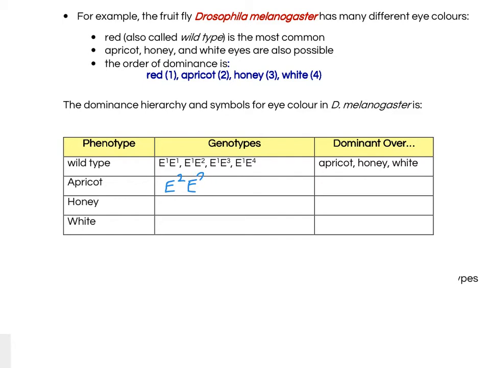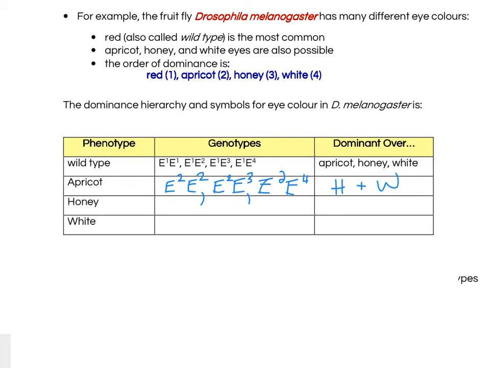So I know E2, E2 works, and that would give me an apricot. If I had E2, E3, that would also work because the 3 representing the honey would get masked by the apricot, and then of course E2, E4, which would be the white. And so the apricot I know is dominant over the honey and the white, and so I'm good to go.